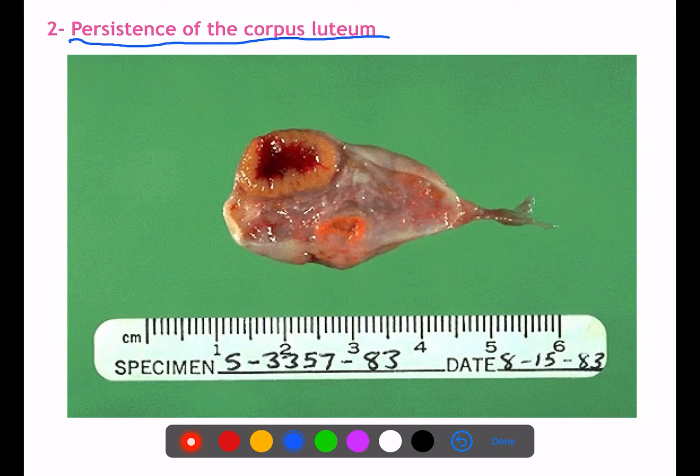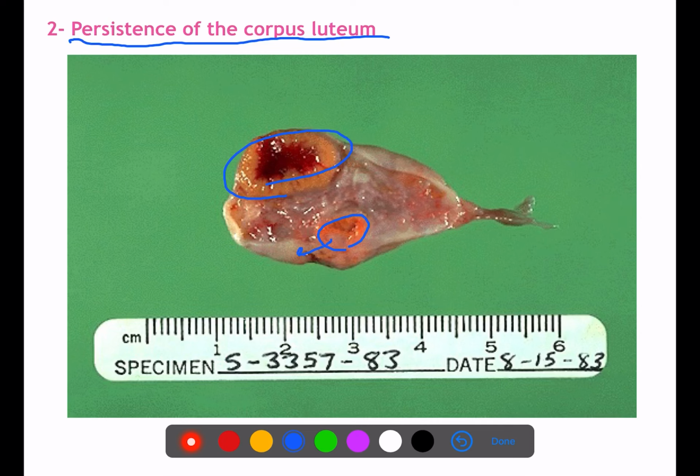In this retention of the corpus luteum, the corpus luteum becomes a permanent luteinized cyst. Usually it should dissolve after maturation and disappear from the ovary.